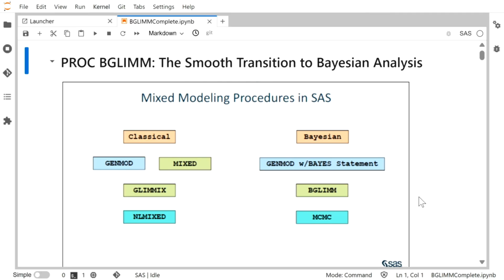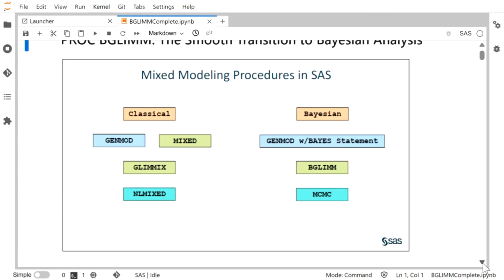Now, when Bayesian analysis was first brought into SAS, the way things were dealt with from the developers was that certain procedures were selected that were given a Bayes statement as part of the analysis possibilities. Those were GenMod, PHReg, LifeReg, and CountReg. When a person says, oh, that's cool, that's a procedure I know, and I can just add a Bayes statement, I always like to warn people: please realize those procedures were originally written for the classical realm.